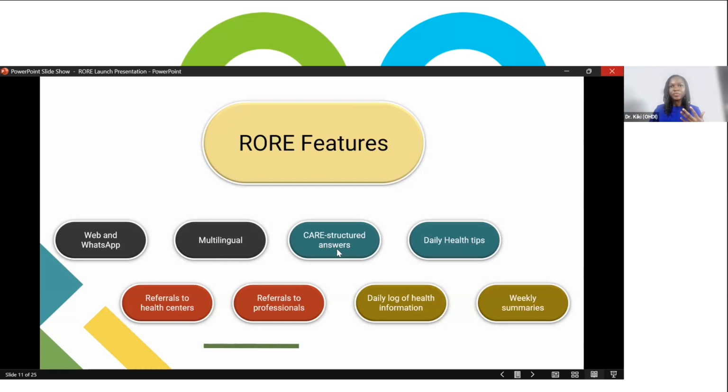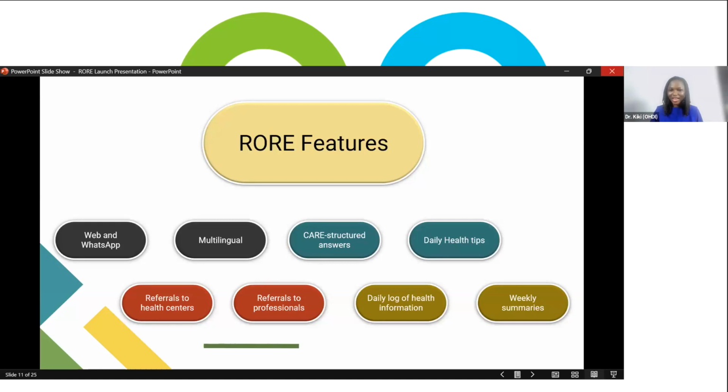What this means is that Rore acts as, imagine going to meet a doctor, for example. Apart from the service the doctor will render to you in terms of diagnosing whatever condition you have, one of the things you also want to see is the attitude of the health professional. You want to see that the doctor is empathetic and very clear in explaining what the issues are to you.